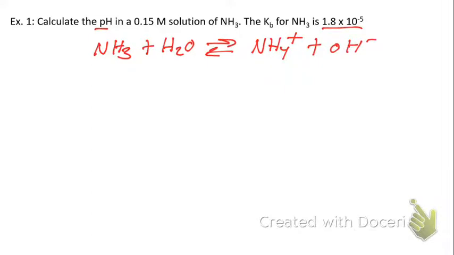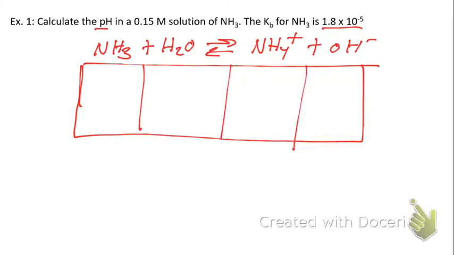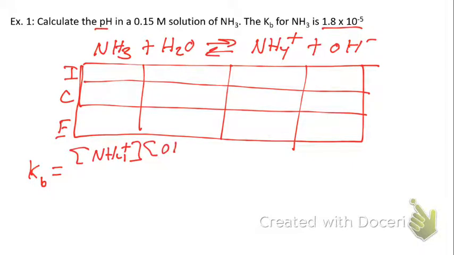Again, we're going to set up an ICE table because this is a weak base, with initial, change, and equilibrium concentrations. The equilibrium expression: Kb equals the ammonium ion, the conjugate acid, times the concentration of the conjugate base OH-, over the ammonia, the weak base.